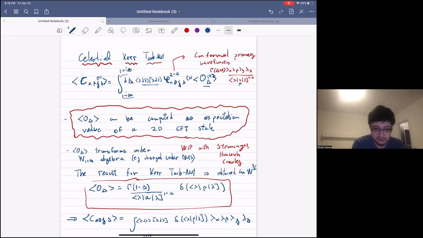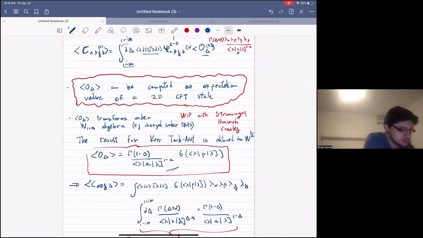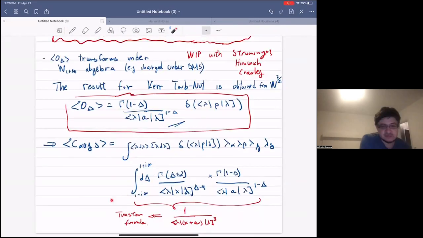Okay, and the result, I'm not going to exactly explain the state, but let me just summarize it, is simply this function. Now, if we plug this function back into our expansion here, what we get is this integral, and essentially this integral over the weight of the operator just reduces to the so-called Mellin-Barnes representation, and it's given by this function, which is exactly the Twistor function.